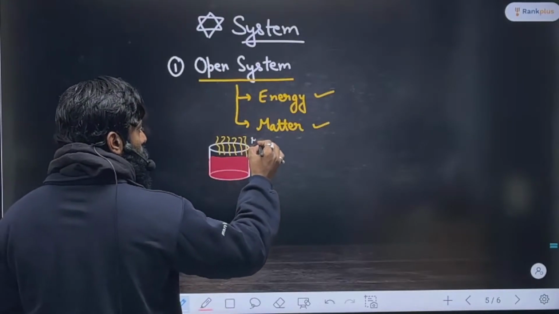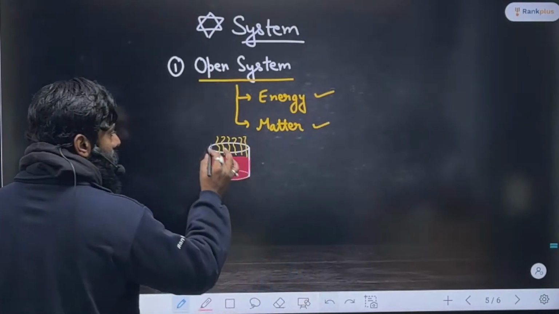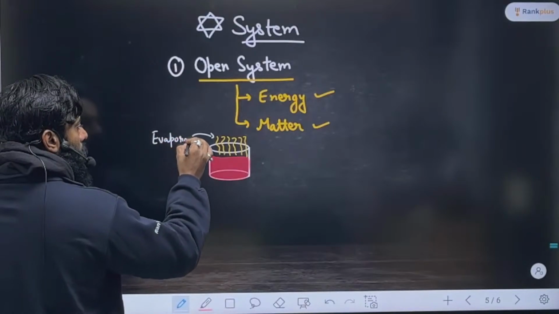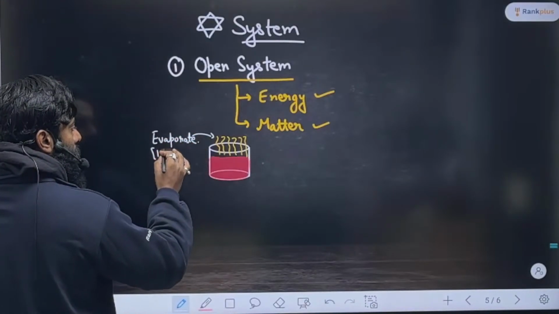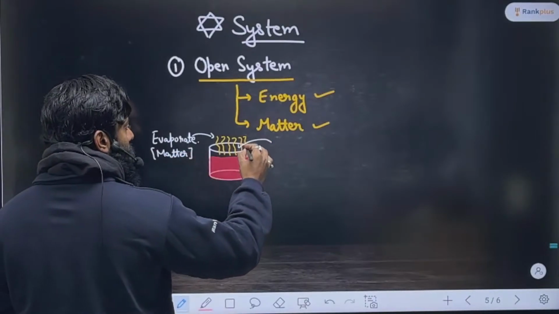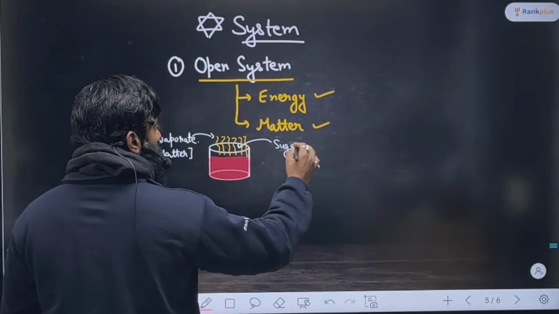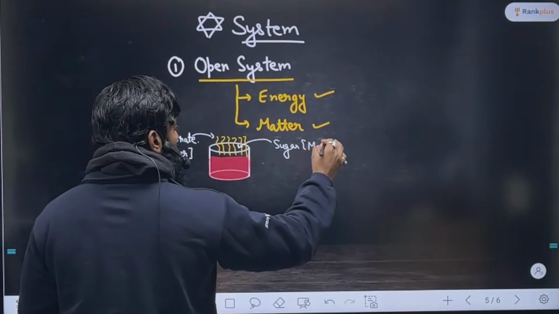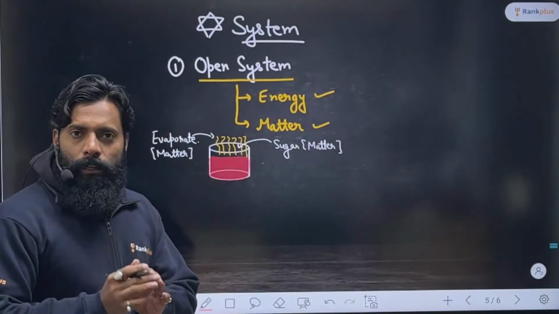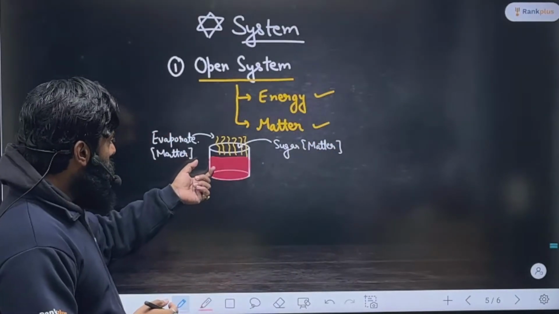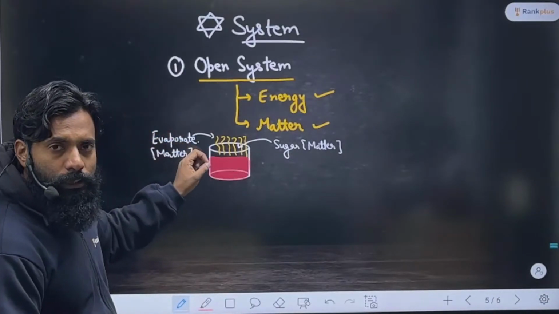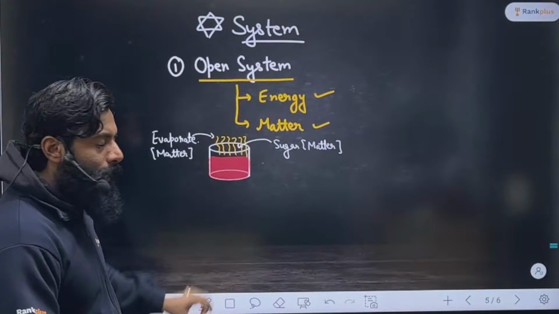There is transfer of matter, because we know there is evaporation happening. The water will evaporate, and this is matter, so matter will go out. Similarly, you can add sugar if you want, which is also matter. So in this type of system, the exchange of matter is allowed. Some substances can move out of the system, and some substances can go into the system.